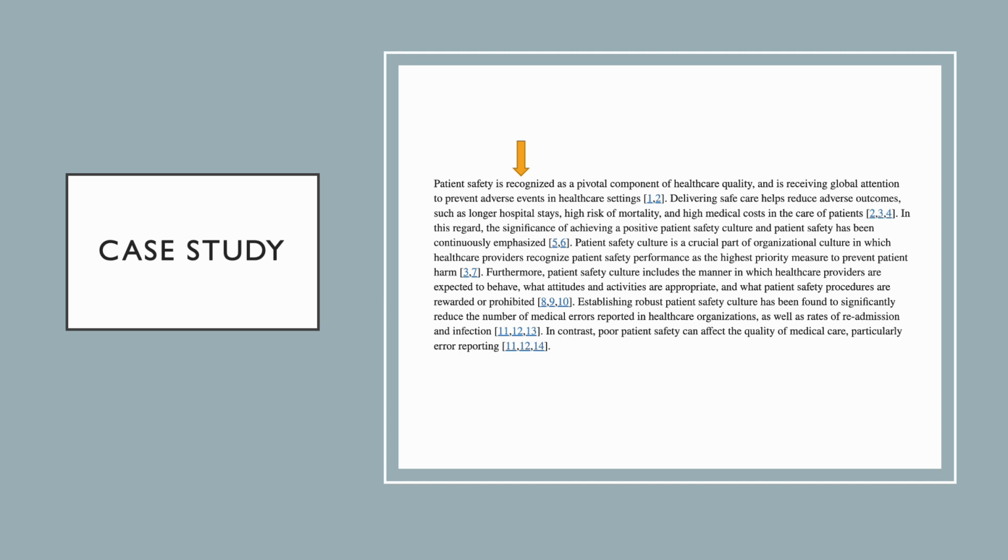You can go on and further see that delivering safe care reduces adverse outcomes, such as long hospital stays. And you can see that patient safety culture is crucial to the organization. And finally, establishing a robust patient safety culture has been found to significantly reduce the number of medication errors or medical errors. This is the status quo.